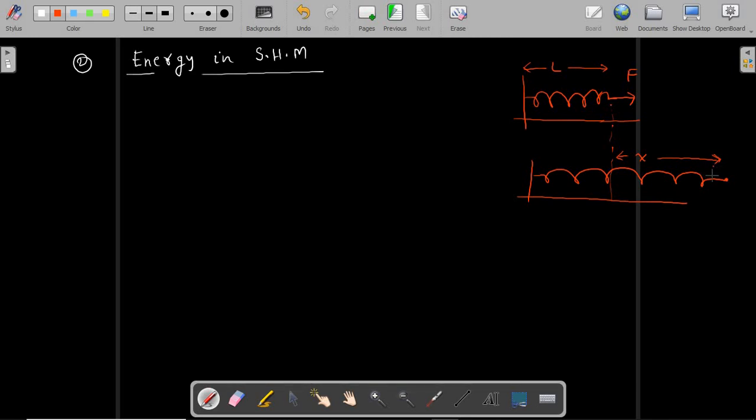Then all the kinetic energy is converted into potential energy, which is stored in the body. Now when you leave it, this potential energy is again converted into kinetic energy. That's why with speed v it comes back from the extreme position to contract the spring.